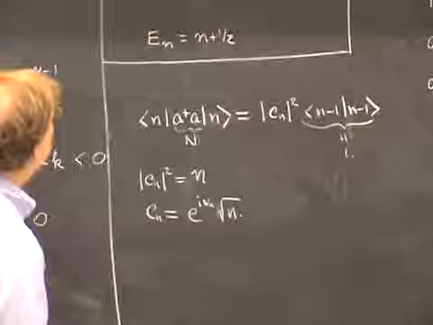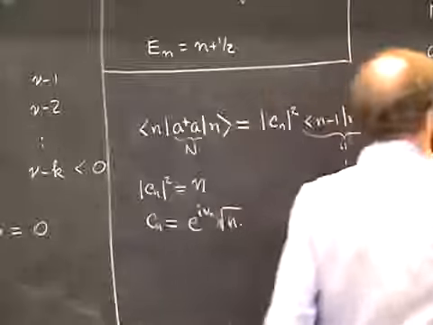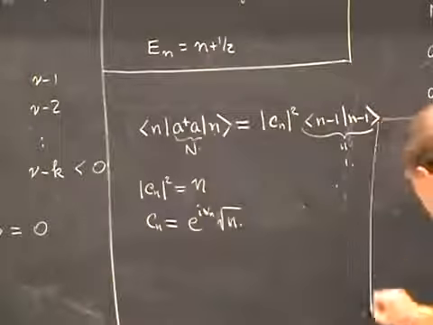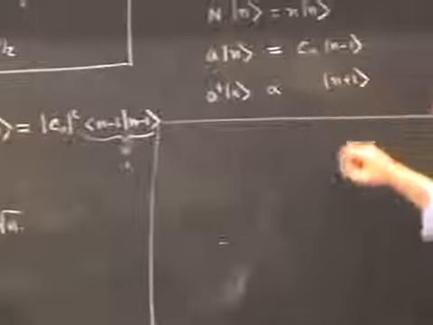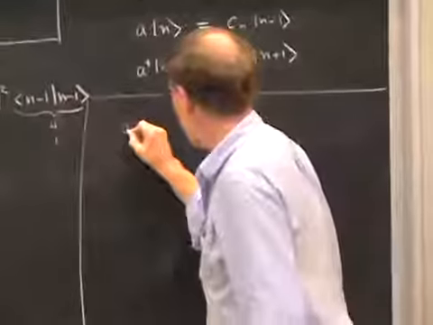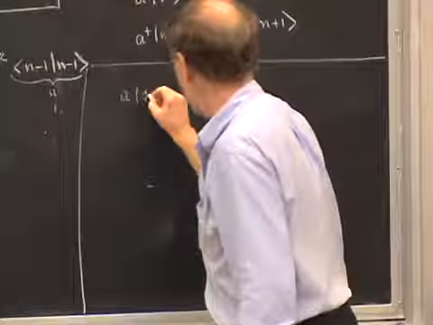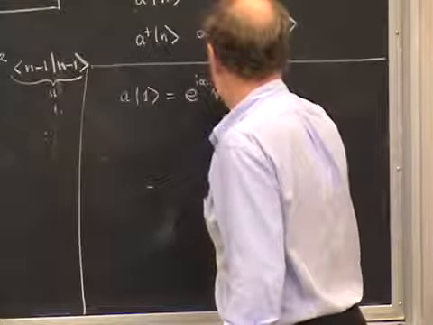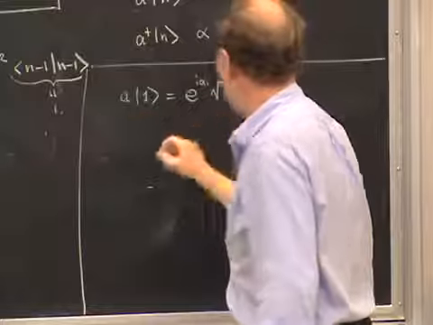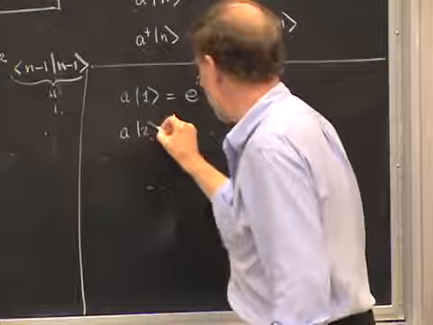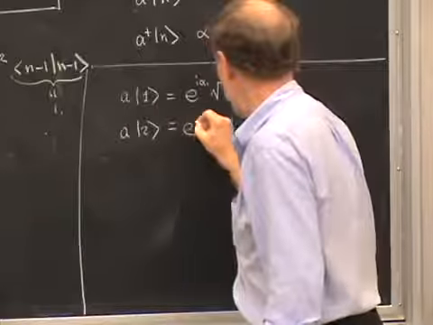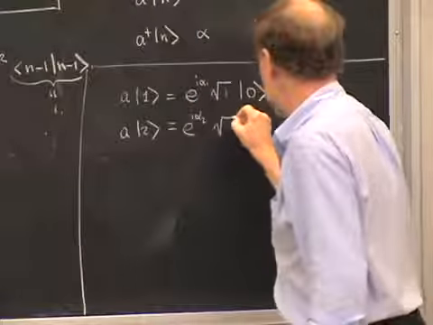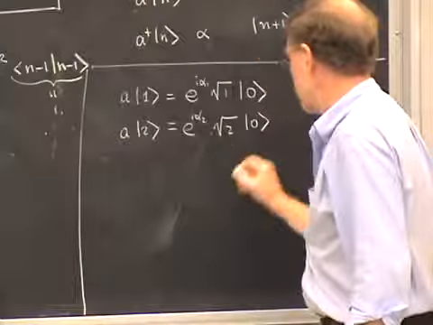And so, we can now write out some of these annihilation relations here. If we apply A to the state 1, we get e to the i alpha 1 times the square root of 1 times the state 0. If we apply the annihilation operator A to the state 2, we get e to the i alpha 2 times the square root of 2 acting on 0.